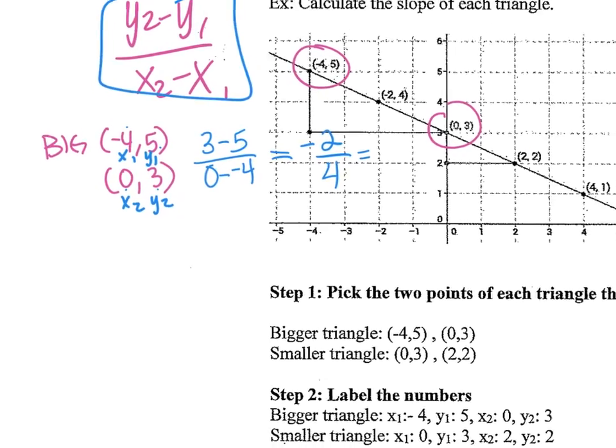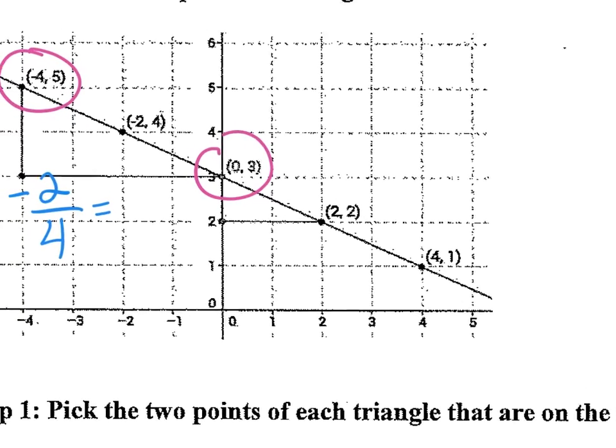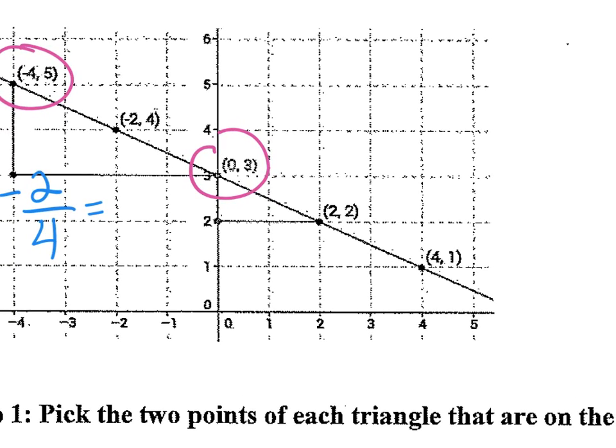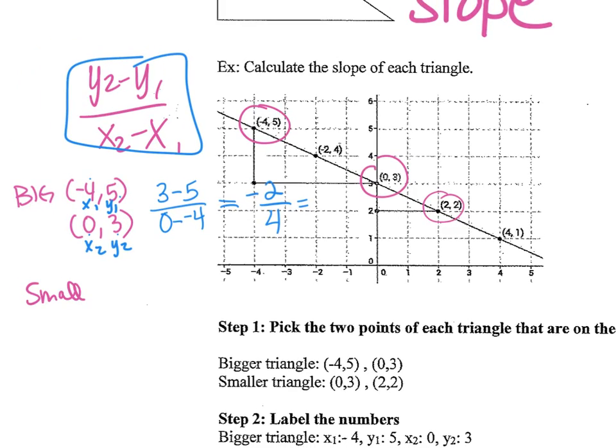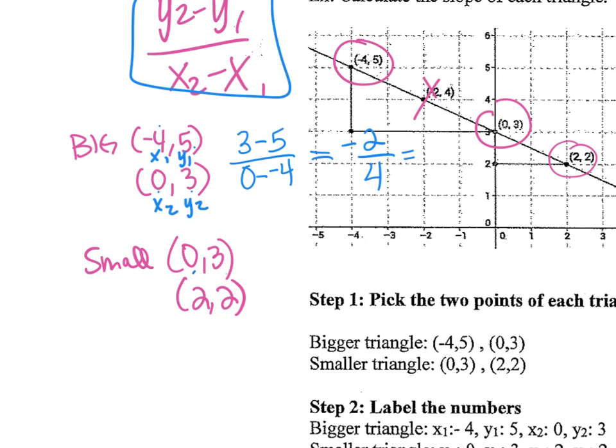Just to make sure that they do have the same slope on that same line, I'm going to find the slope of my small triangle now. So those two points I want to use are the two points on that triangle that lie on that slope line. So I'm going to ignore this one and this one, and I'm going to use (0, 3) and (2, 2). The same way, I'm going to use that same formula, x1, y1, x2, y2.